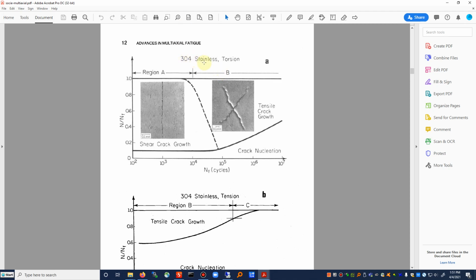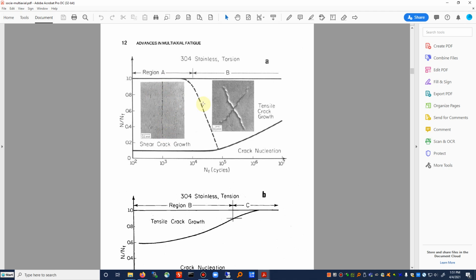Okay, so here's the stainless steel in torsion. Here's our specimen. We have a crack that is here. This would be on the shear plane of the specimen. So if you think of the tube, I'm going to assume it's going to go horizontal. You could have a shear plane that initiates in this direction if we have torque.